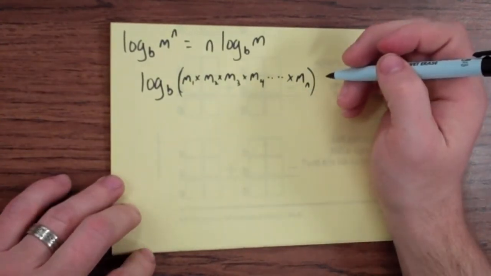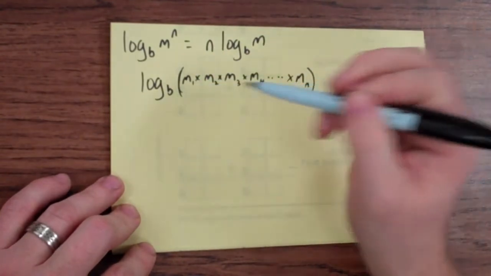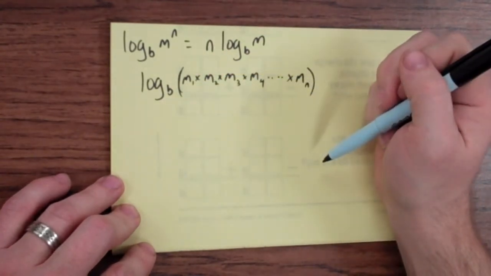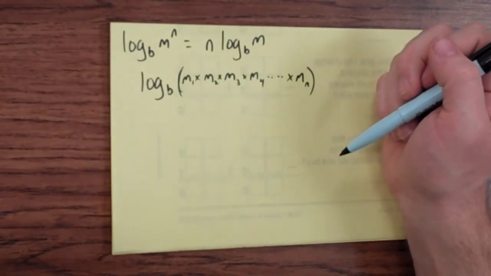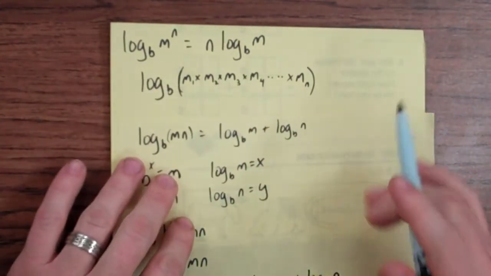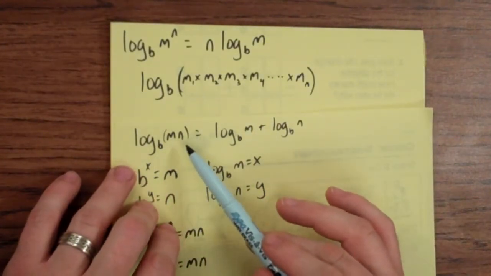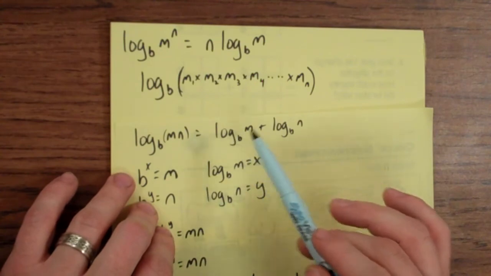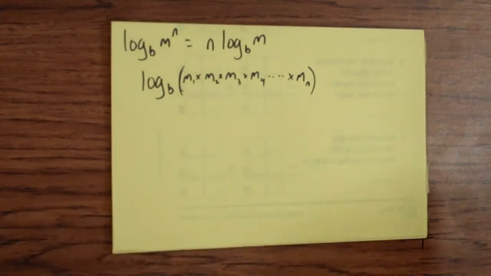So this is a product of a bunch of things. And if you remember from the product property, let's pull up this piece of paper here. Product property says if I have a product of things inside the parentheses that I'm taking the log of, well, I can just take the log of them separately and add them together. Right?